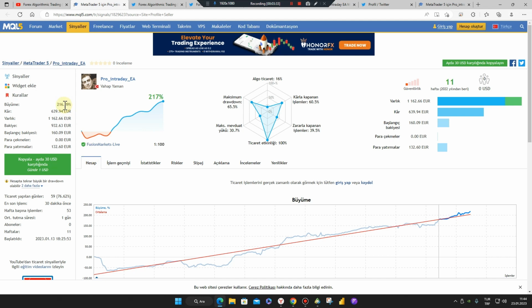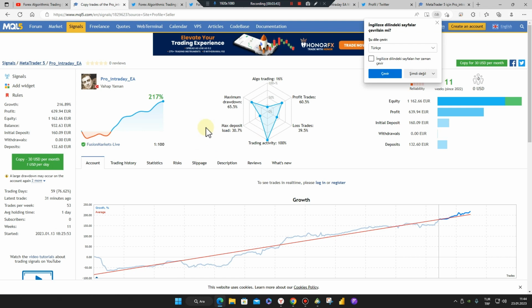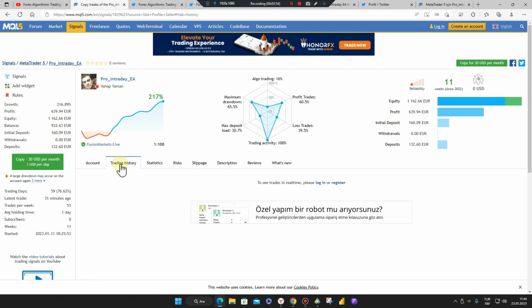As you can see here, all the trades opened are opened by the EA. The EA gives us 3 possible entry points every day, and when price reaches these points, it opens trades in the buy or sell direction.